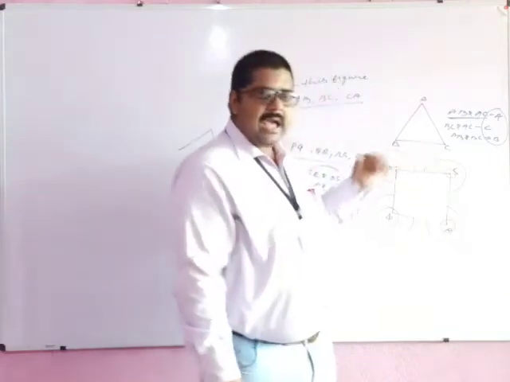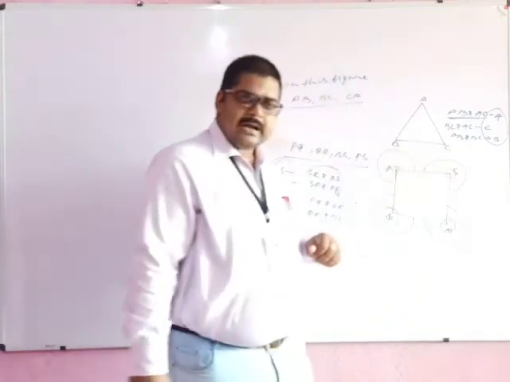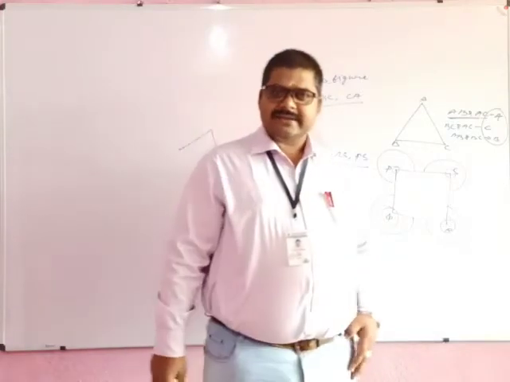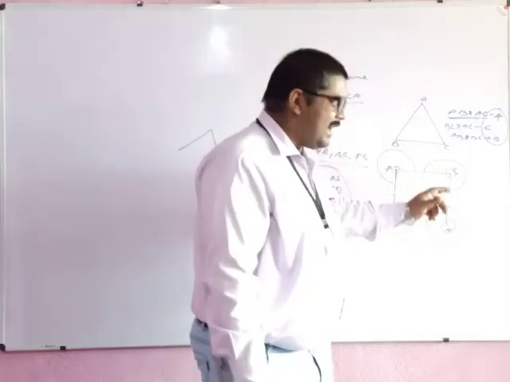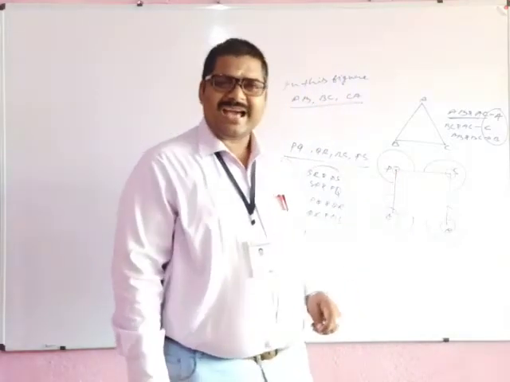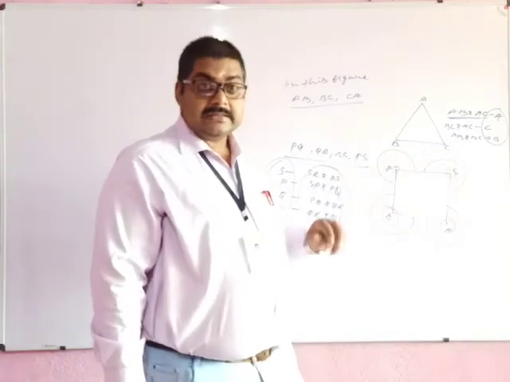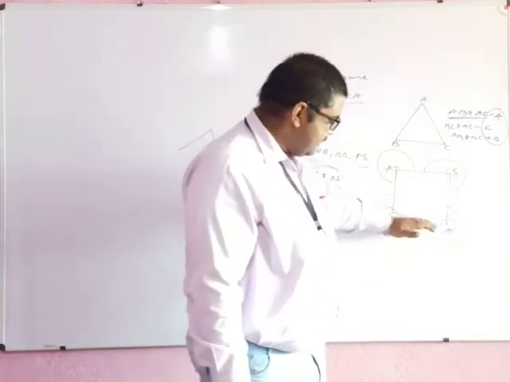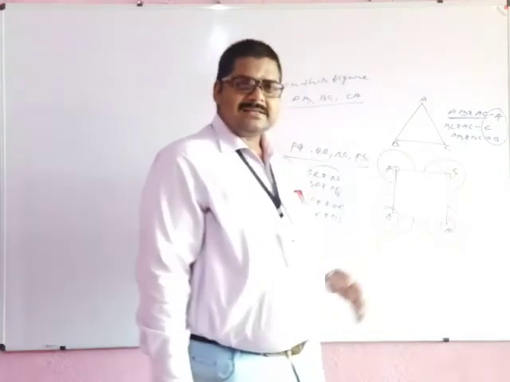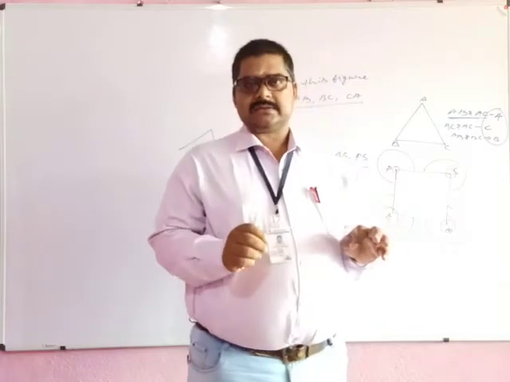QR and PS are non-adjacent sides because QR and PS do not have any common point. Since they have no common point, this is why QR and PS are known as non-adjacent sides.